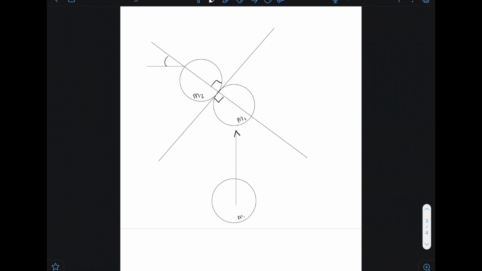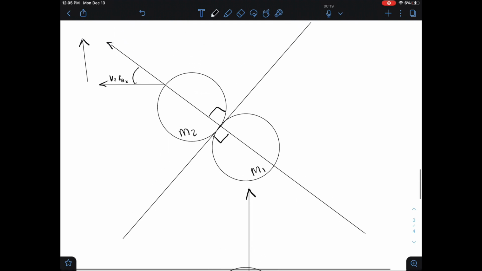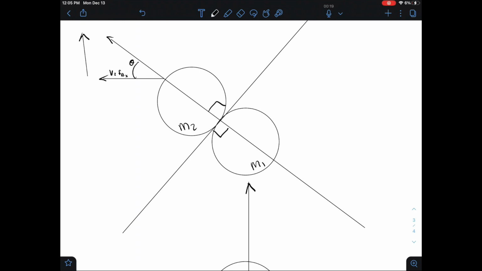M2 has a velocity going in the x direction of both m1 and m2 created by their center masses. M2, as you can see, has an x component and a y component. The x component of m2's velocity is called v2 ob f x, which could also be written as v2 ob f cosine of theta.